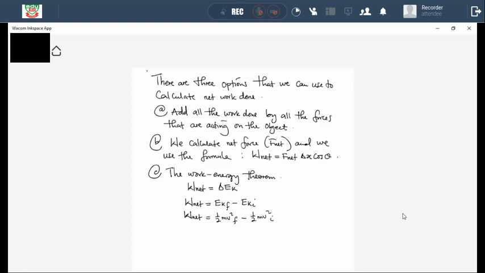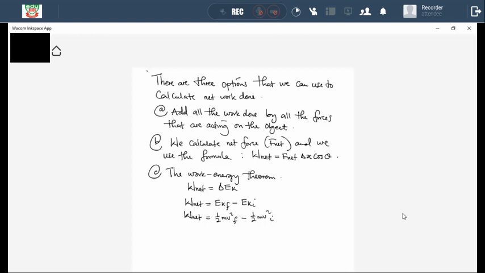But if you are not given the forces, but you are given the velocity or the speed of the object from the point where it started to move and the velocity at the point where your displacement ends, then it means we can't use the first two options because the forces are not given, but I'm given velocity. So it means I can use the third option, which is actually the work energy theorem.